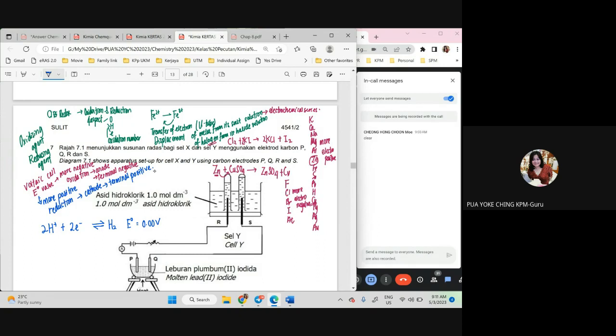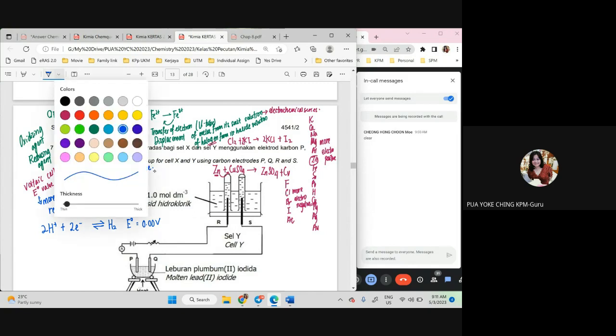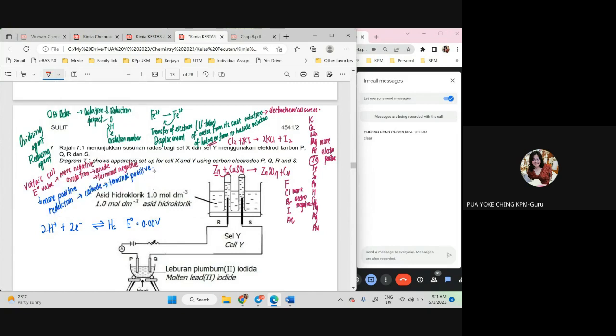This is the equation that will be given with the E0 value also. So kita dah belajar tadi, we have more negative and then oxidation. If oxidation, it must start from here.